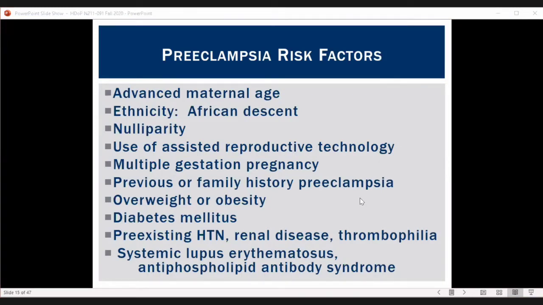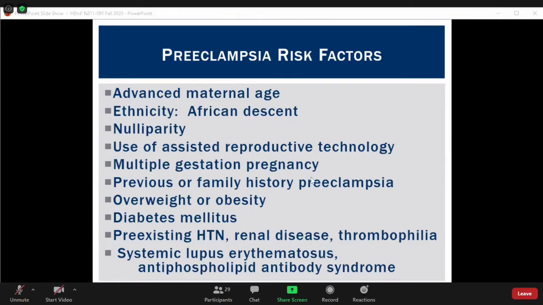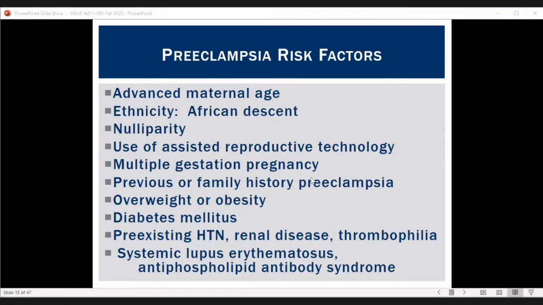Mothers who are diabetic, who have pre-existing hypertension, kidney issues, thrombophilia, other comorbidities, systemic lupus, antiphospholipid antibody syndrome. We see more preeclampsia in moms with obstructive sleep apnea syndrome.